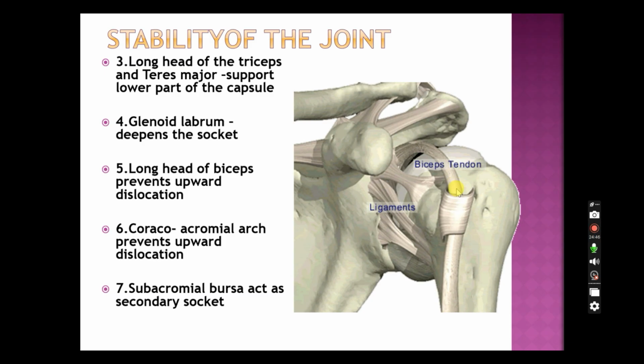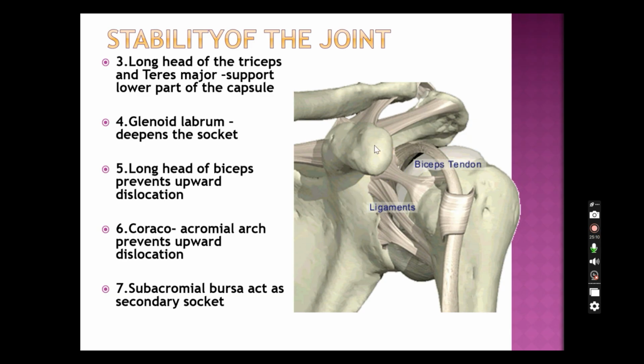Then it pierces the fibrous capsule and enters the intertubercular sulcus. When the arm is rotated laterally, it is located exactly over the head of the humerus. In that case, it prevents the upward displacement.